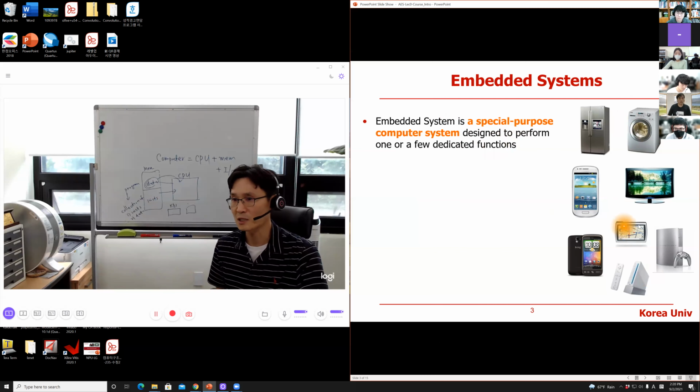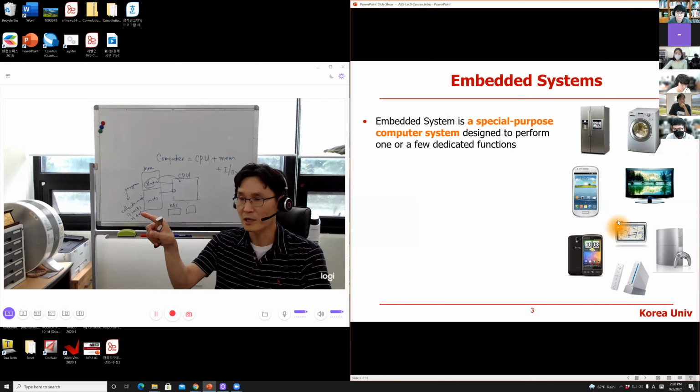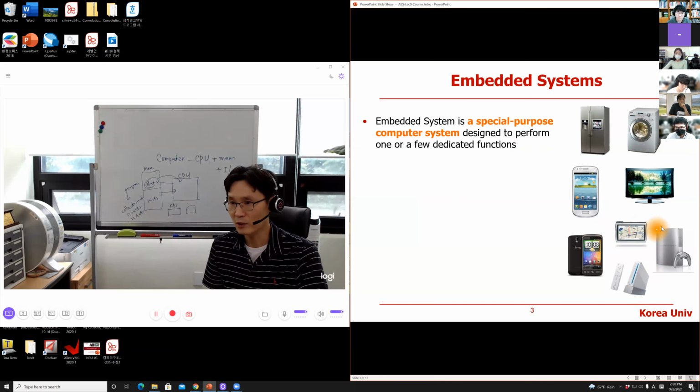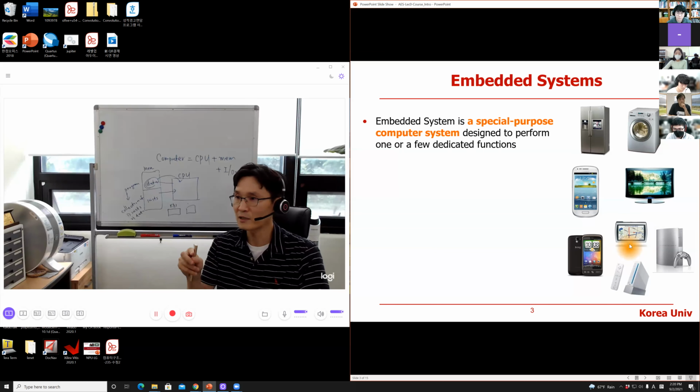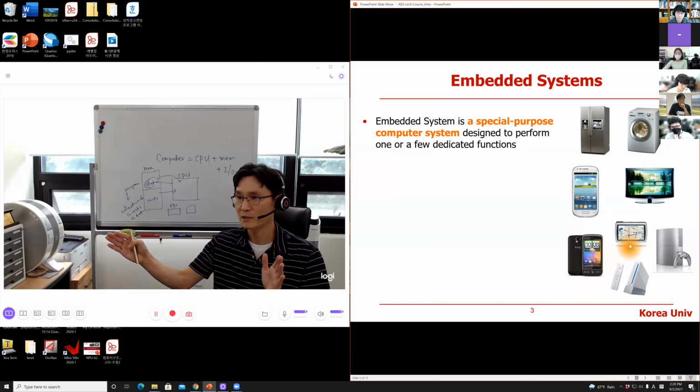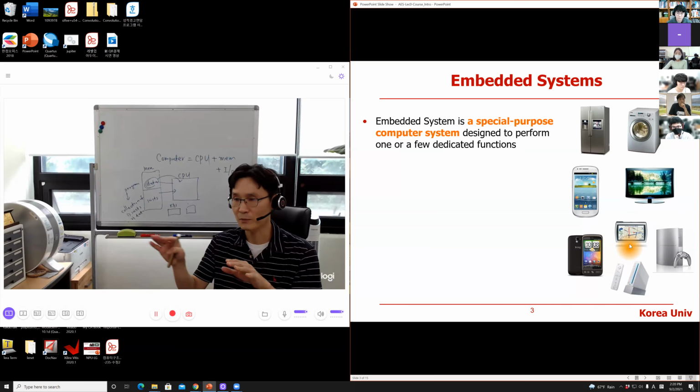Think about the GPS navigator in a car. In a GPS navigator, you set a destination. Then the computer inside the GPS navigator finds the shortest path. So when you drive, you just follow that path, right?